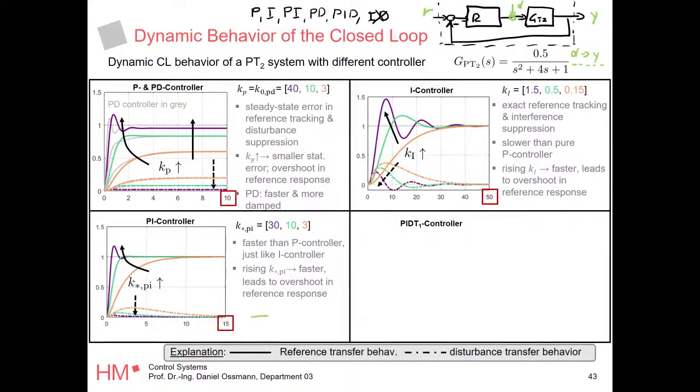The PI controller looks like this. It has this K star over S, times TS plus 1 over S. So I'm not allowed to write K0 or KPI here because we have a free integrator, right? Okay, small detail here.